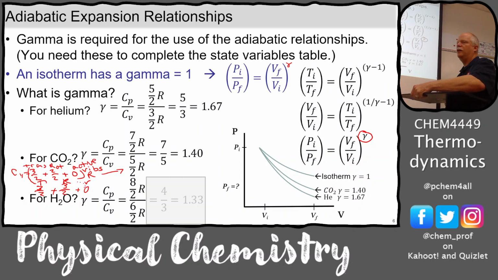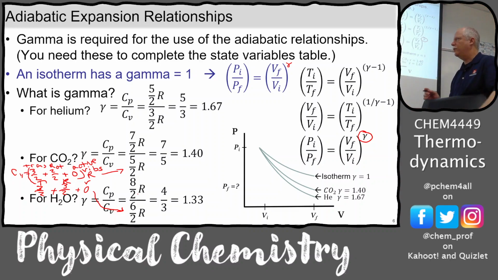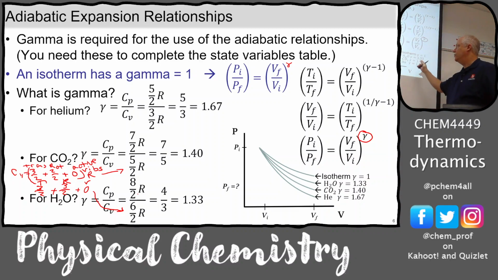See TRV, you got that? Okay. And so that's where the 6 halves comes from. Add another 2 for CP, so it's 8 halves. So we end up with 4/3 or 1.33. And so water is even less steep than CO2.